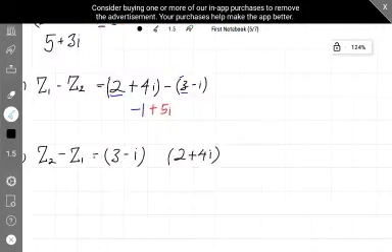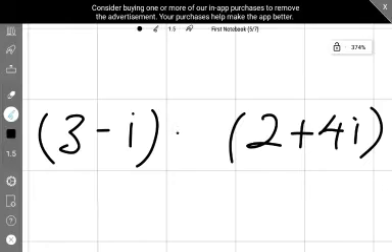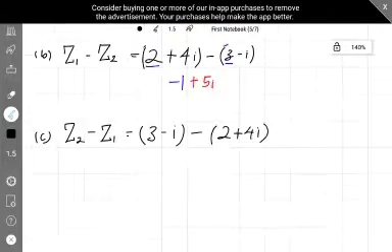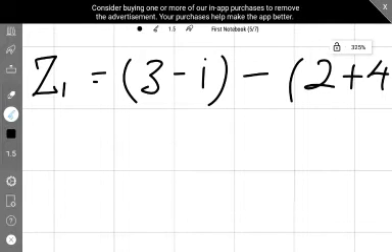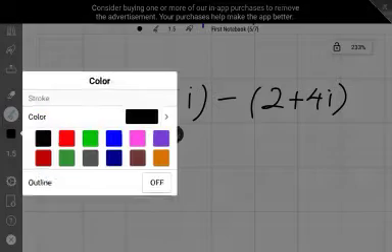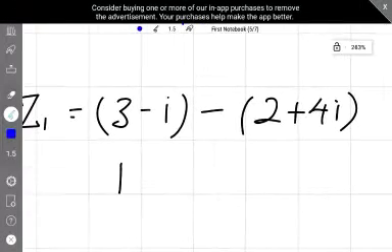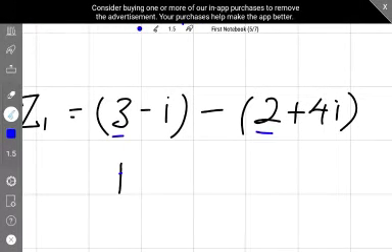Now what's in between them is subtraction, so we're subtracting z1 from z2. Now the real parts are 3 and 2, and 3 minus 2 is 1.